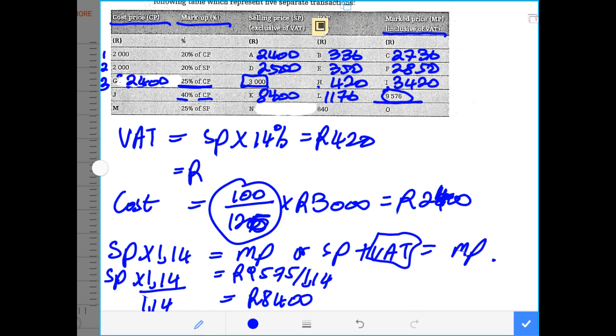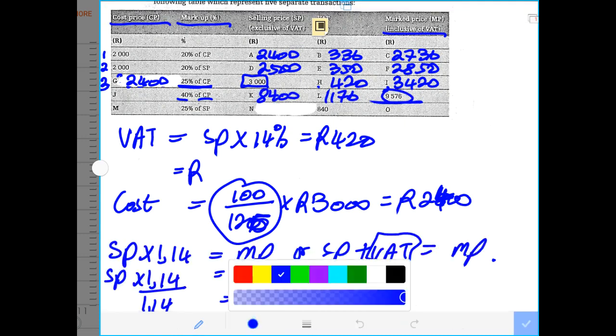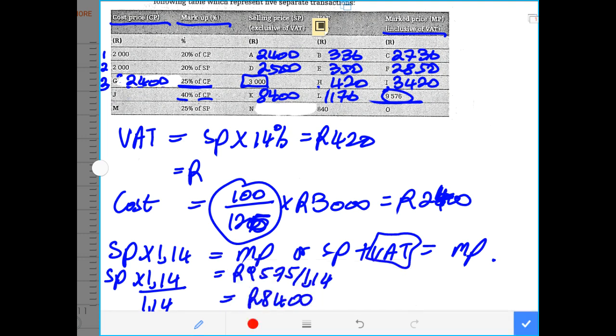What are we looking for? We are looking for the cost price. And remember, our markup percentage was on the cost price. So now if we are looking for the cost price, that will mean cost price is equal to the selling price of 8,400 divided by 1.40.